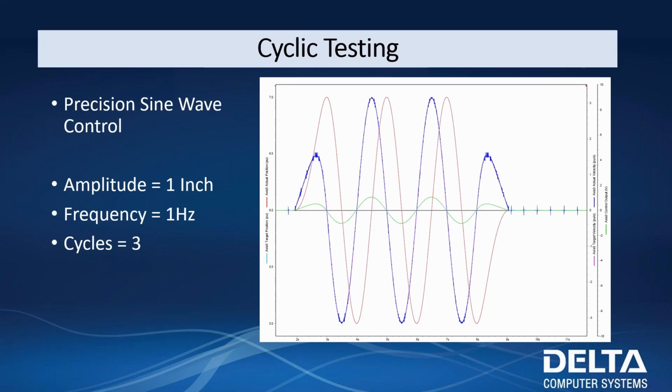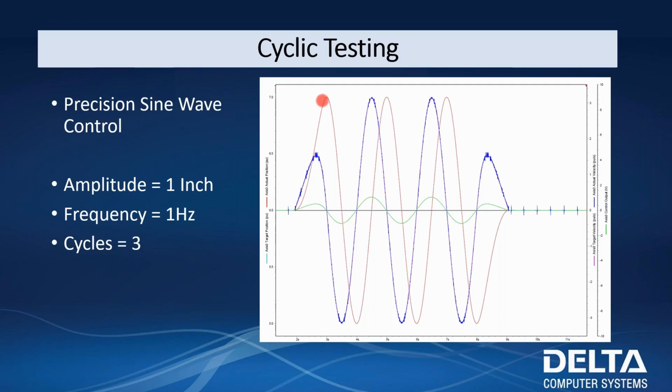Perhaps you wanted to run a sine wave, something similar to the sine wave that we have here. Well, we're able to do that within RMC tools. I'm going to say that we'd like to have a sine wave with an amplitude of 1 inch, a frequency of 1 hertz, and perhaps we'd like to run 3 cycles. So something similar to this.